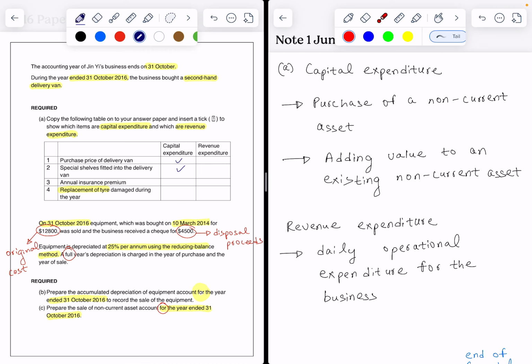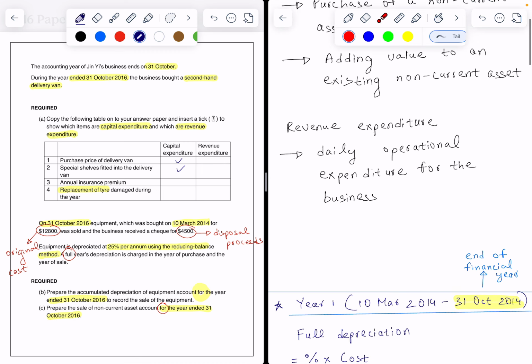Now, what do we understand by revenue expenditure? Revenue expenditure refers to the day-to-day operational expenditure for the business. In other words, any money that you spend on your regular expenses in running your business operations. Now, if you look into the third example here, annual insurance premium.